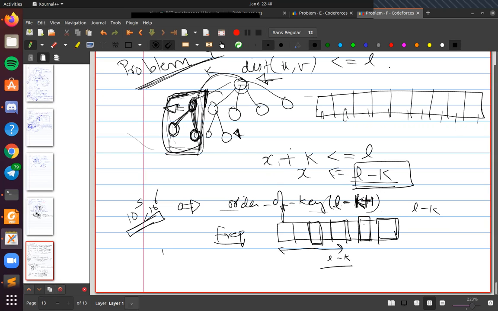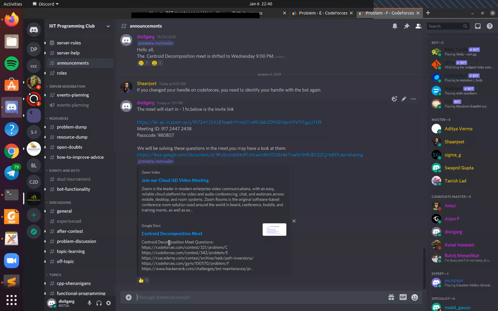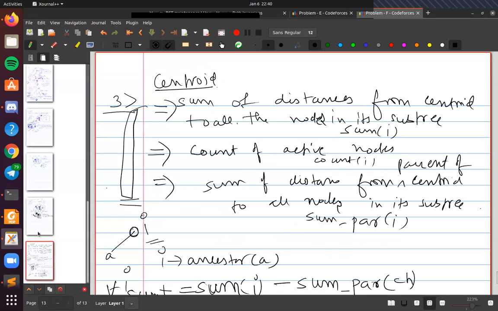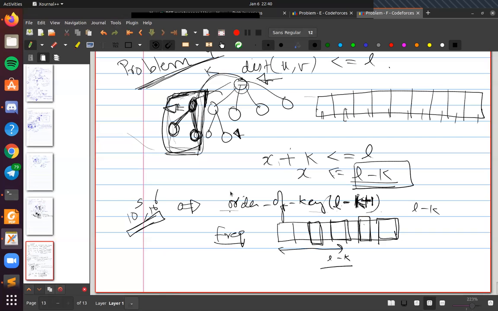This is when the distances are up to 10 to the 5, 10 to the 6 or 10 to the 7, so that you can maintain the segment tree. But here the distances are very large, so a segment tree won't work directly. It can work, I guess, by using some compression, but directly it won't work. So the ordered set is fine here.